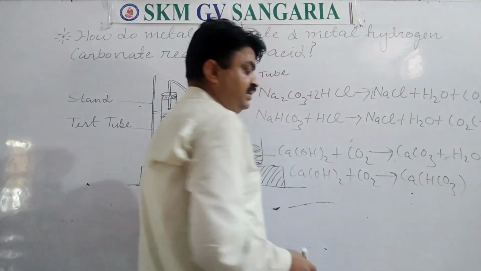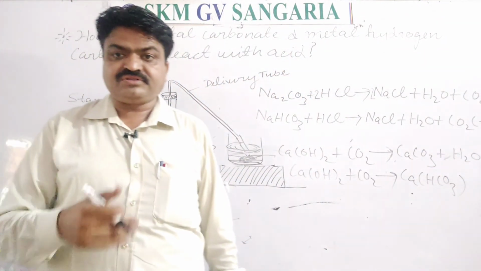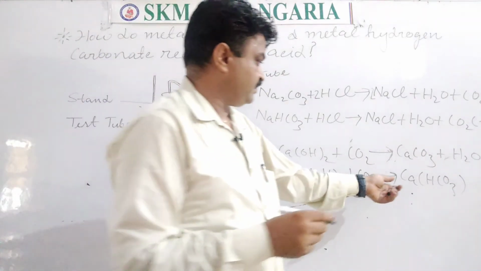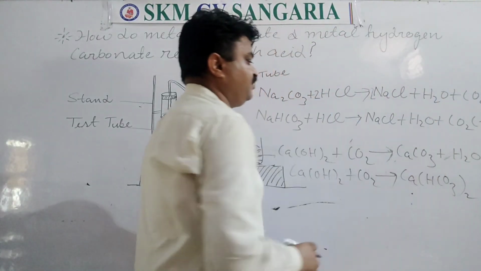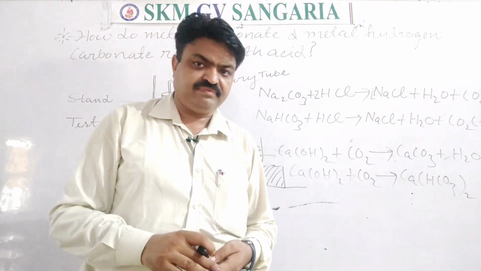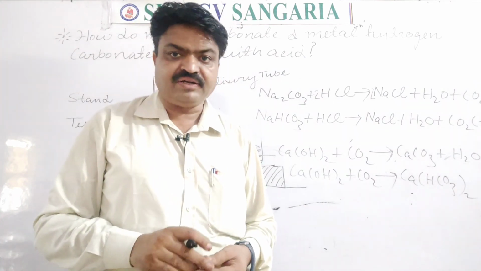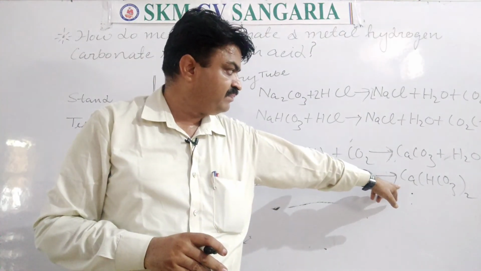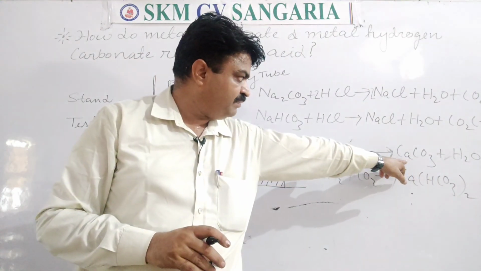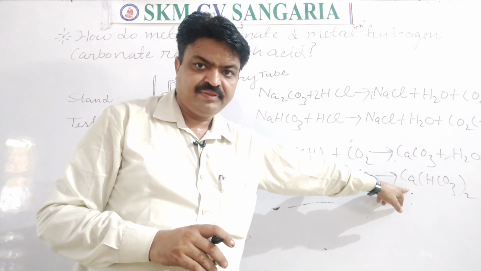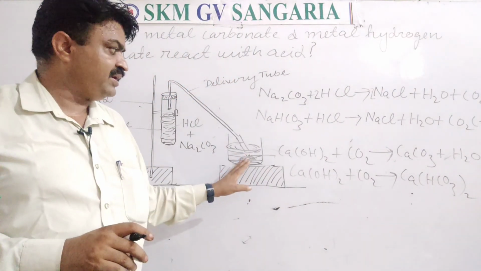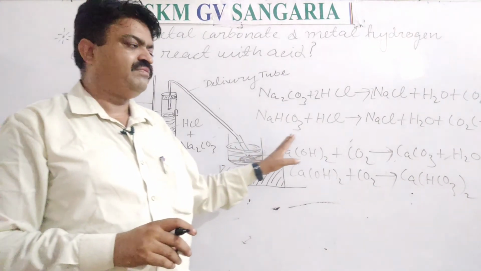In which case, student, if the carbon dioxide concentration is more, at that time we get this type of chemical substance, and it is soluble in water. In this we will not get the precipitate. So these are the two chemical compounds that we can get in the presence of carbon dioxide, meaning when we react carbon dioxide with lime water.